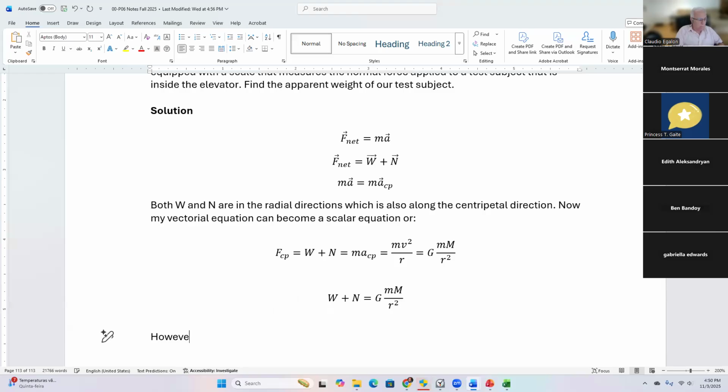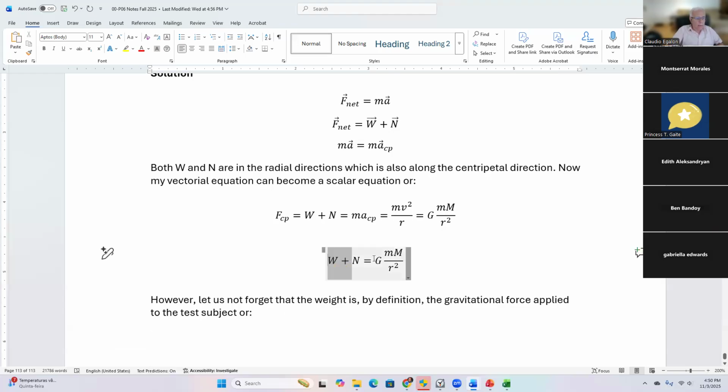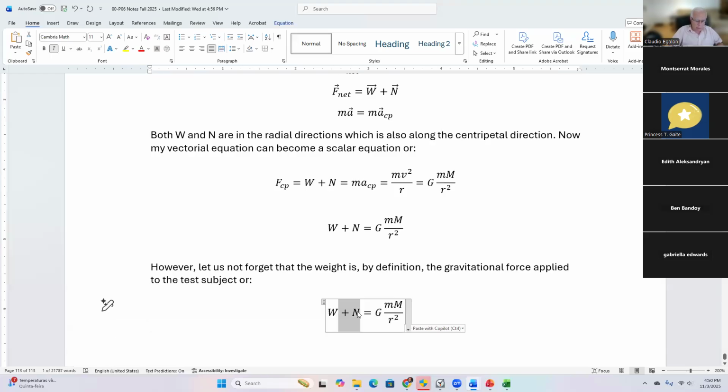However, let's not forget that the weight is, by definition, the gravitational force applied to the test subject. Or, the weight is going to be exactly equal to this right-hand side.